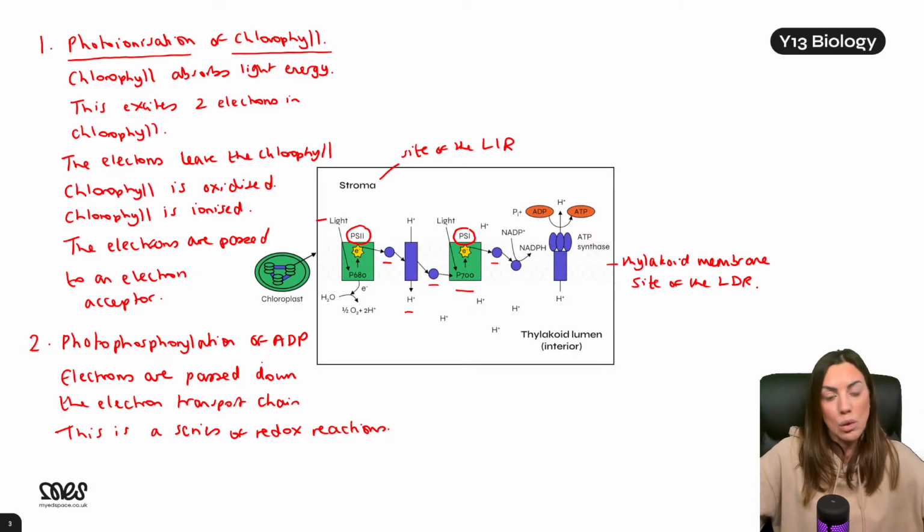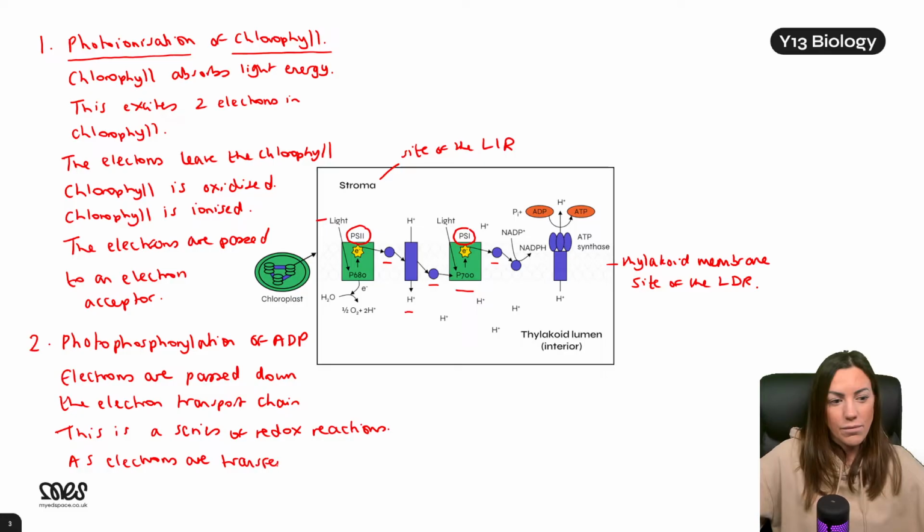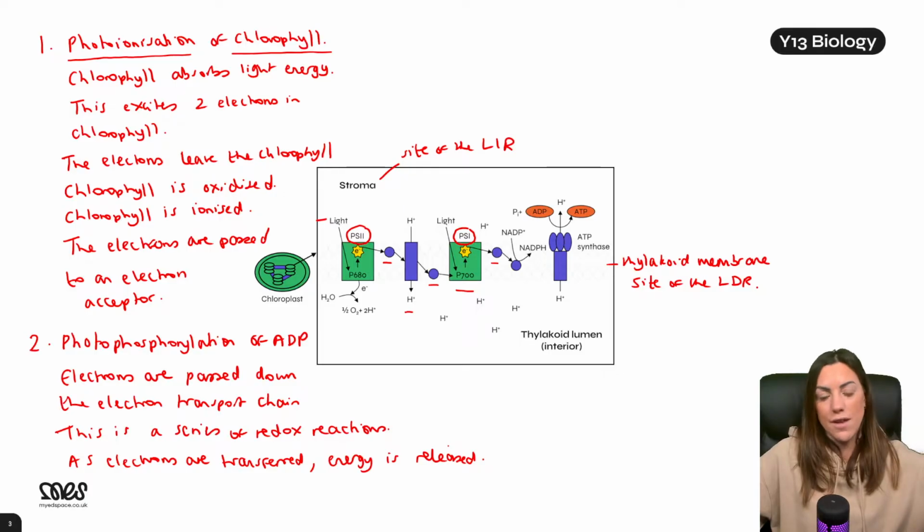Now, why is this important and why does it help? Well, as the electrons are transferred along the electron transport chain, energy is released. Okay, so at each transfer, if you like, energy is lost, which can be used in the next important stage.